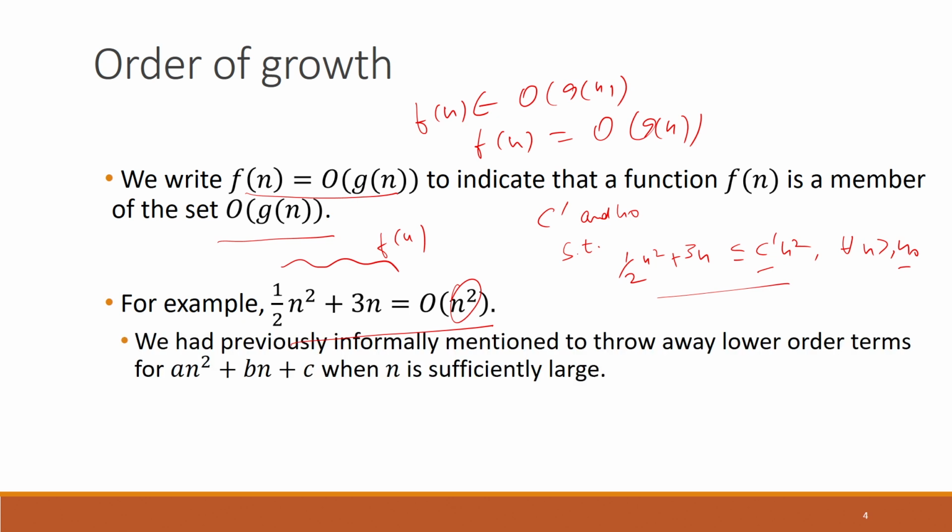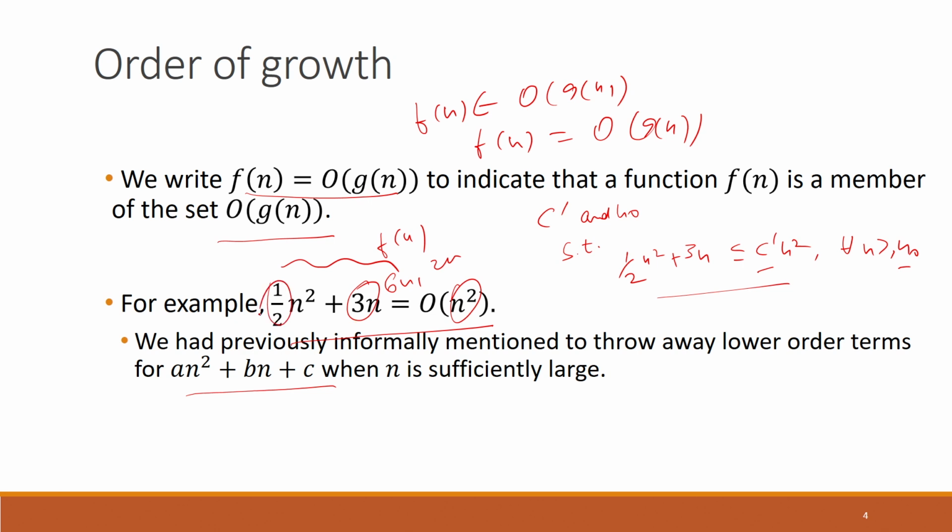Now you can see why we had previously mentioned to throw away lower order terms for a n square plus b n plus c, where n is sufficiently large. Because even if instead of this 3n it was some other term that is not growing faster than n square, for example 6n or 2n, it does not matter. Even then we would have said that this function fn will be of the order n square.